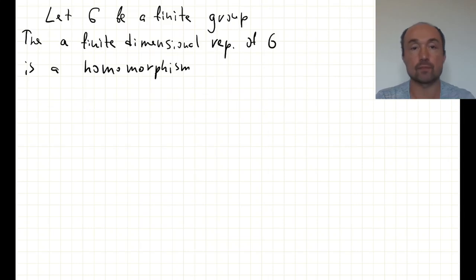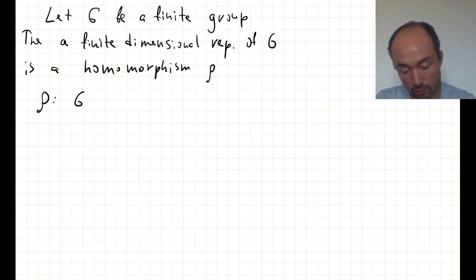Usually this will be denoted by rho. So a homomorphism rho from G to the general linear group of some dimension, GL_n(C), for example.